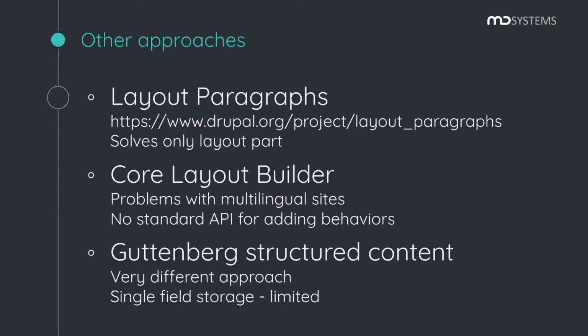The single field storage is a very limited solution. It will work for very small websites, but as soon as you go bigger and you need translations, revisions, and other support, this will fail. So really, currently Paragraphs is the only solution that offers you everything, plus no problems with the translations and other stuff.